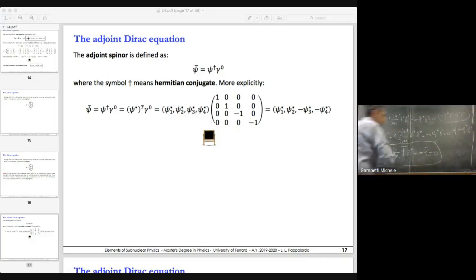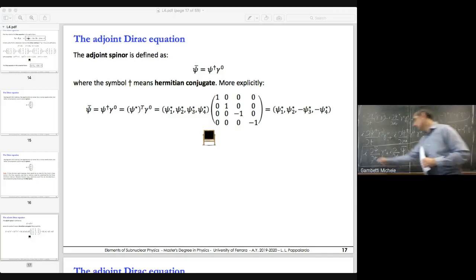The equation we just derived is the adjoint Dirac equation. And it is now manifestly Lorentz covariant, because the time derivative and the spatial derivative come with the same sign, thanks to this substitution.